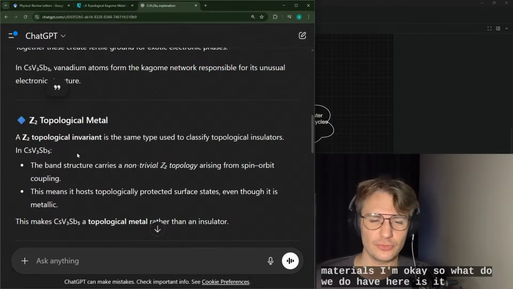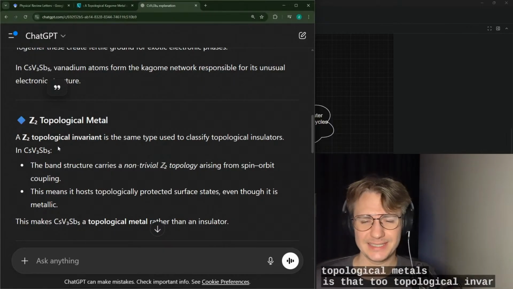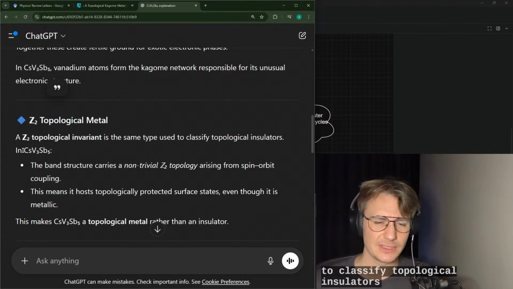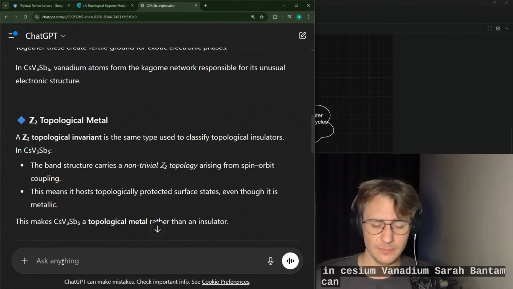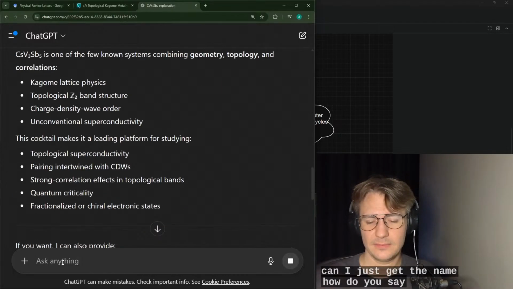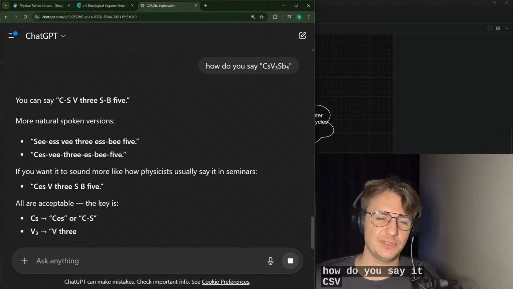A Z2 topological invariant is the same type used to classify topological insulators. In cesium vanadium... can I just get the name? How do you say it? CsV3Sb5.